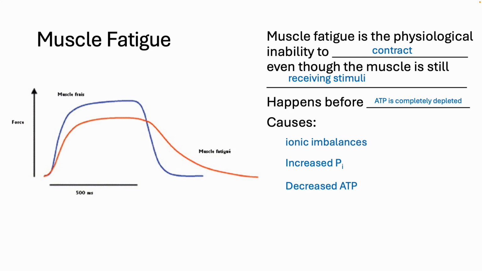Decreased ATP is thought to play a role even though it's not being completely depleted. So low ATP and high magnesium act on voltage sensitive proteins in the T tubule, which help to decrease the calcium release from the sarcoplasmic reticulum. Decreased glycogen. A decrease in glycogen is highly correlated with muscle fatigue.